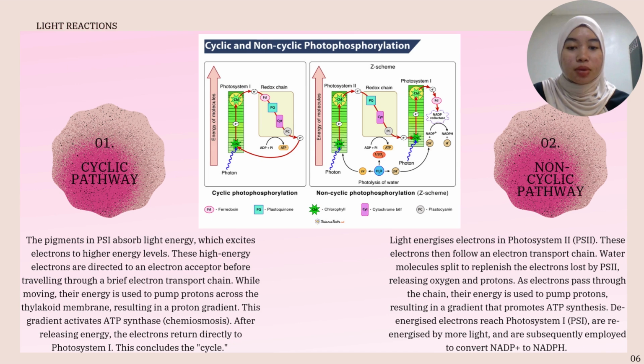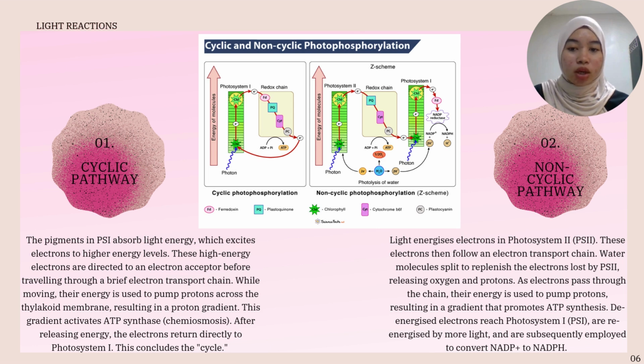There are two types of light reactions. The first one is cyclic pathway and the second one is non-cyclic pathway. The first one is cyclic pathway. The pigment in PS1 absorbs light energy, which excites electrons to a higher energy level. These high-energy electrons are directed to an electron acceptor before traveling through a brief electron transport chain.